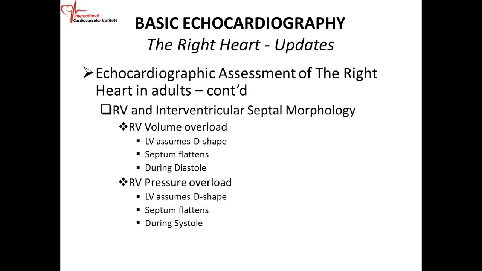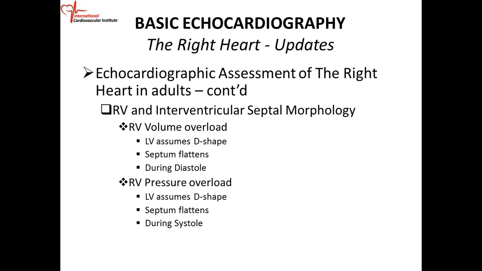For the same reason, the septum flattens, but this is in systole. So with RV volume overload, the LV assumes a D shape in diastole, and with pressure overload, the LV assumes a D shape in systole.